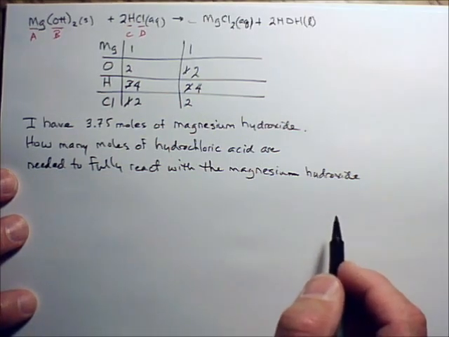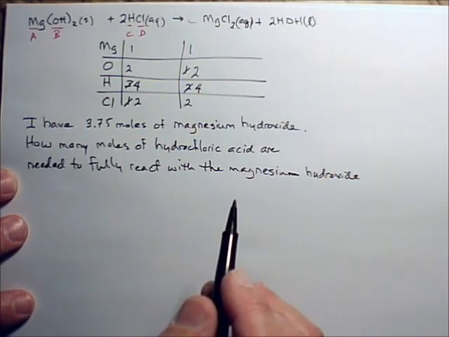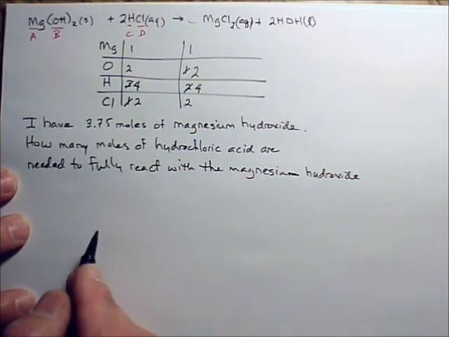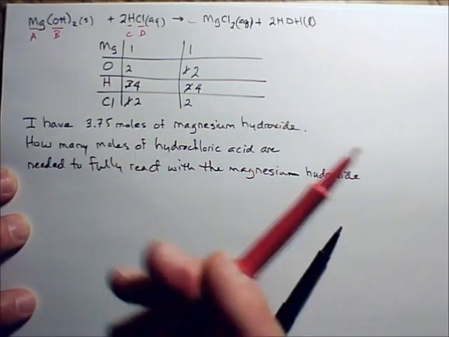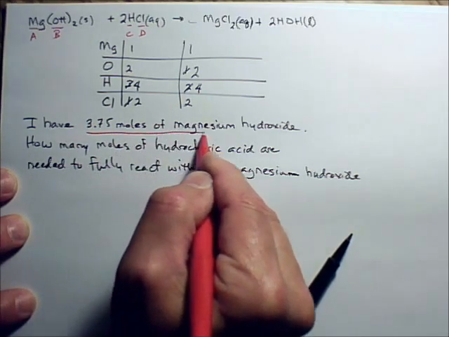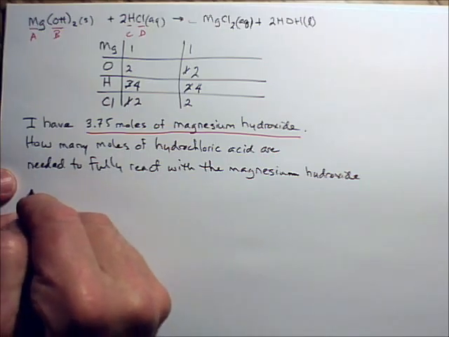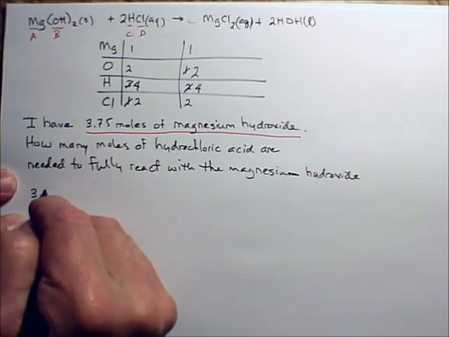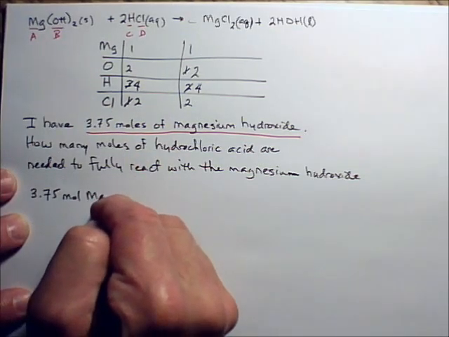So that's not required here. What's required here is the balanced equation. Okay? All right. So the first thing I want to do is to write my starting amount over 1. And if you read the problem, you should be able to interpret the problem to show you that that's the starting amount. So we're going to write 3.75 moles of magnesium hydroxide.